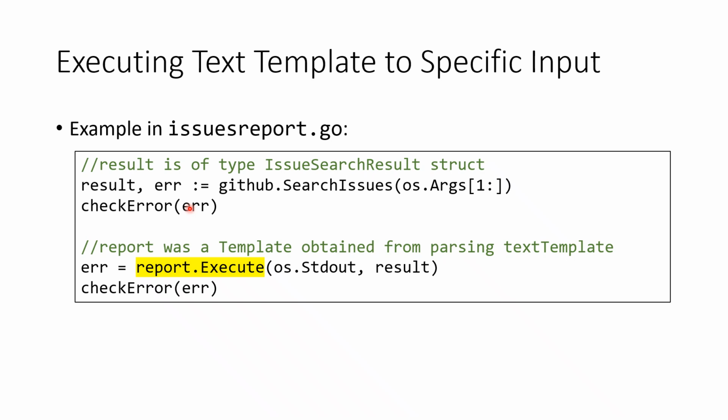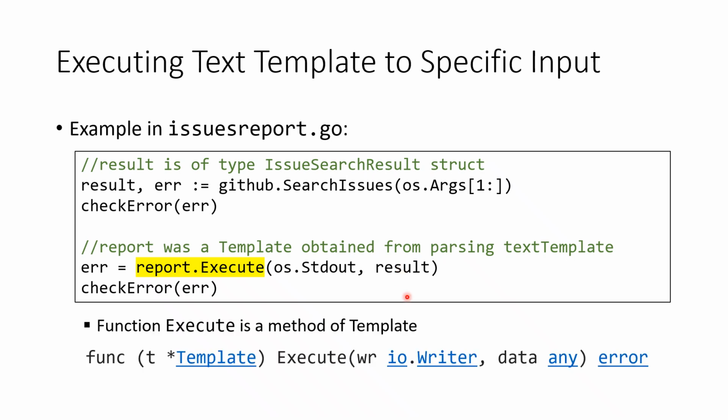To execute the report template on the input stored in variable result, we call function Execute on the template report, passing variable result as the second argument. Function Execute is another method of the template type.